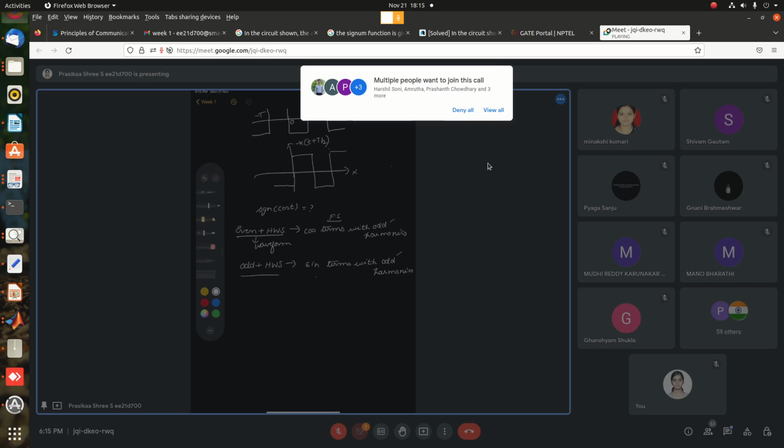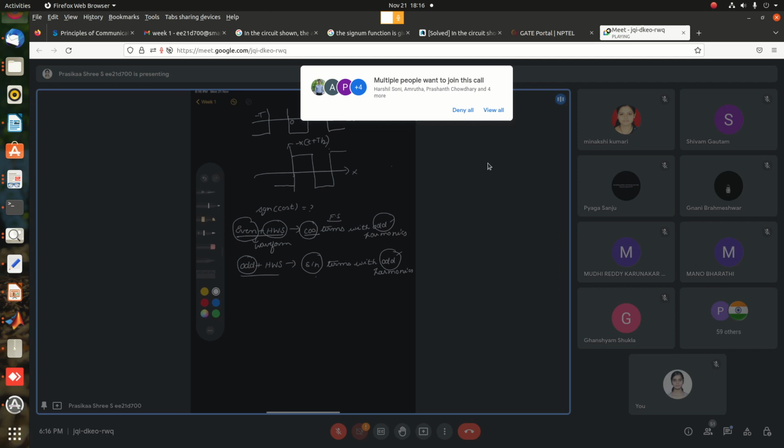Remember it like this. Since it is an even function, cos is also an even function. So whenever a signal is half-wave symmetric, we'll be getting odd harmonics. Whenever it is even plus half-wave symmetric, we say it has cos terms only. Whenever it is odd, we say the Fourier series expansion has only sine terms.